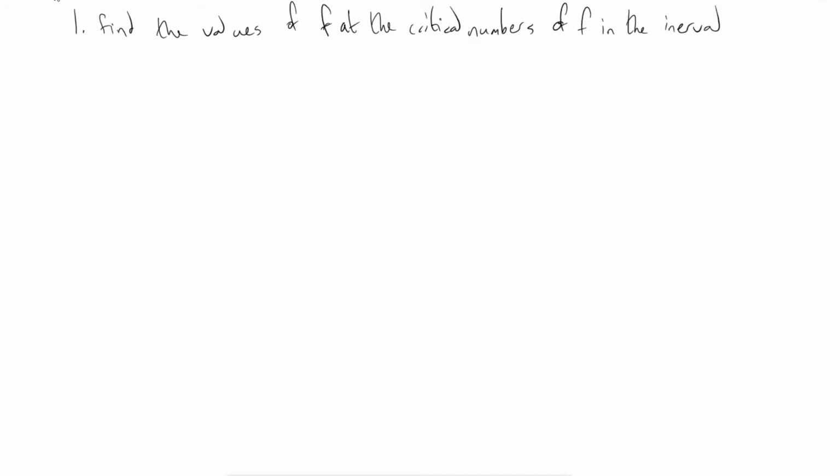First, I find the values of the function f at the critical numbers of f in the interval. So basically any critical numbers that fall within the defined interval, we check them out.